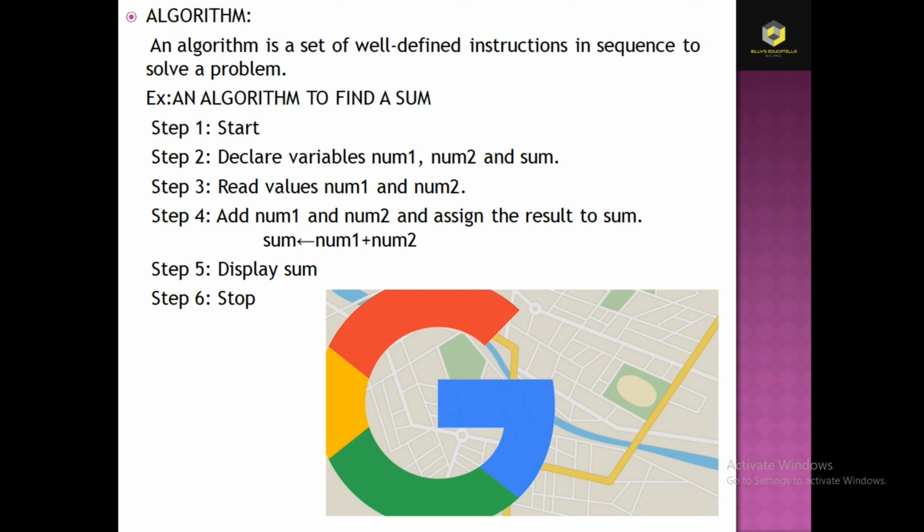For example, Google built the Google Maps app by using the shortest path. When you want to go to some destination, Google easily calculates the distance and tells you the shortest path by using the algorithm method, which is nothing but a shortest path problem.